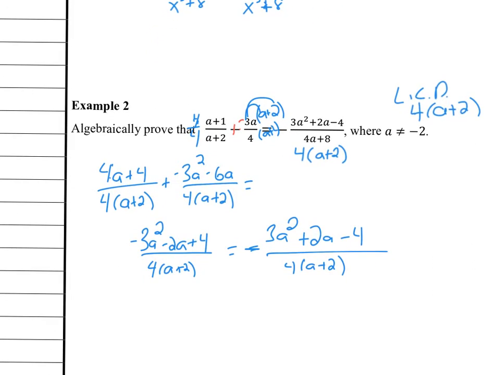So we would take a negative 1 out of this entire left-hand side, the top. So put that negative in front, and then rewrite it. So if I'm going to pull a negative out of all of the numerator, I would have 3a squared that's positive, a positive 2a, and a negative 4.